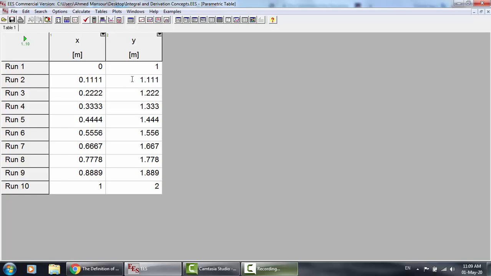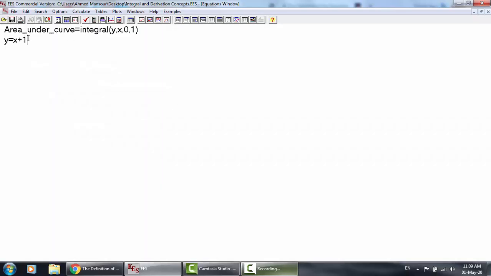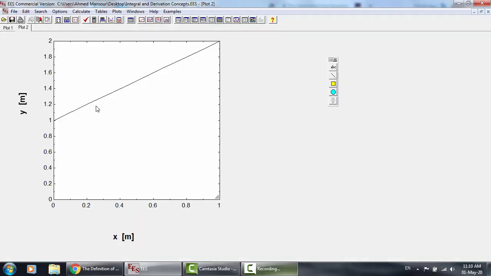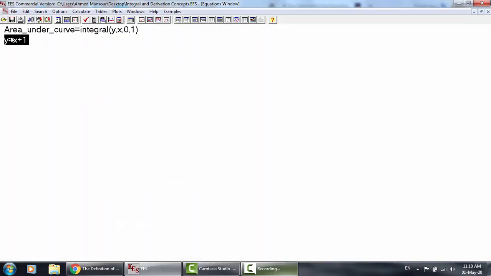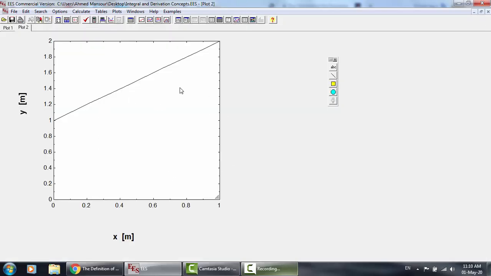So we have the same slope. This means that we do not have any change in the slope. This also means, from this geometry, that the slope of y equals x is equal to the slope of y equals x plus 1. Even if you put 50 here, you will just increase the area.